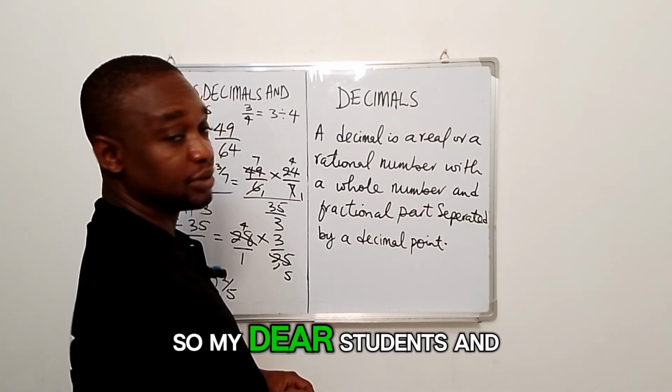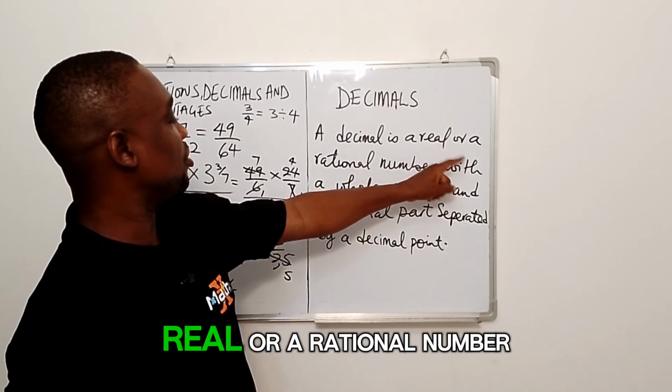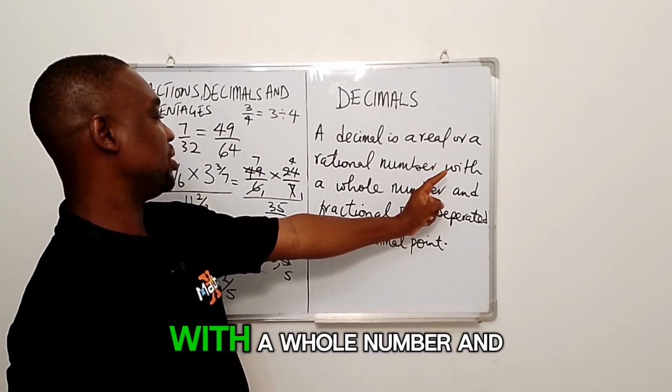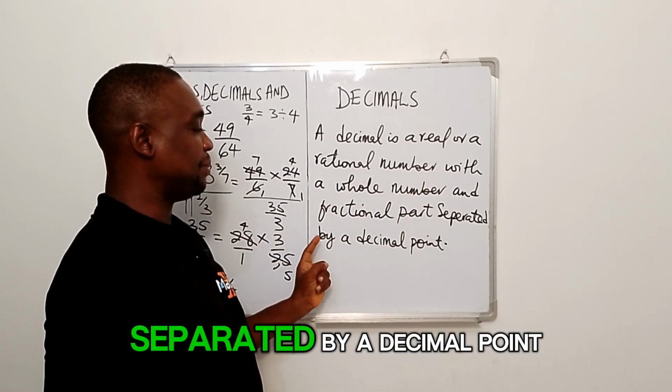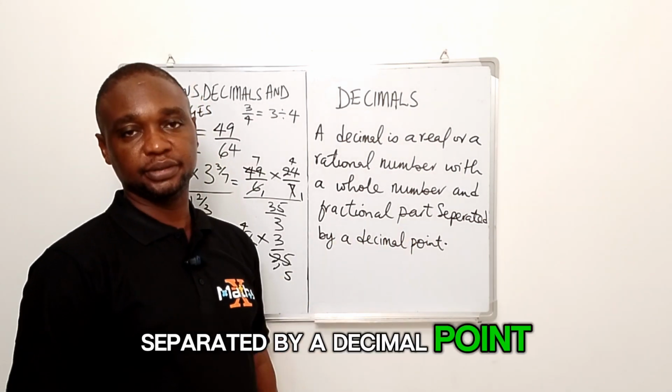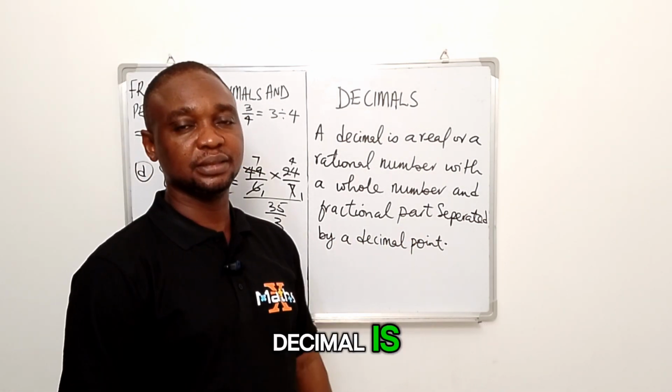So, my dear students and viewers, a decimal is a real or a rational number with a whole number and fractional part separated by a decimal point. That's what a decimal is.